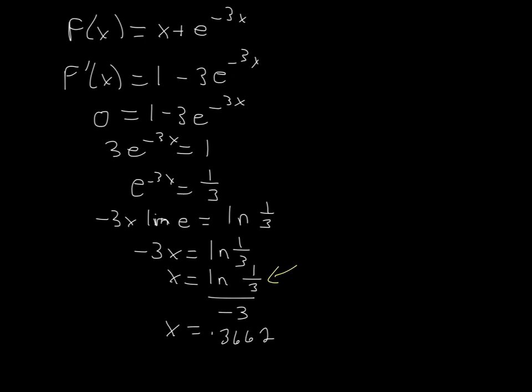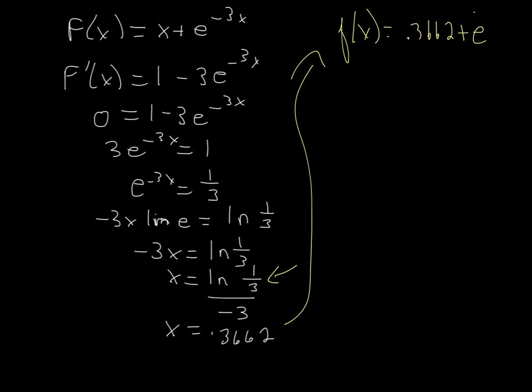So the y value, or the f of x value for that, if you go back in f of x, you would end up putting in 0.3662 plus e to the -3 times 0.3662. And what happens is you do end up getting that 0.6995 value that you gave me. So I'm just thinking that maybe there's a typo in one of your emails. All right, so basically that's the y value when this is the x value.